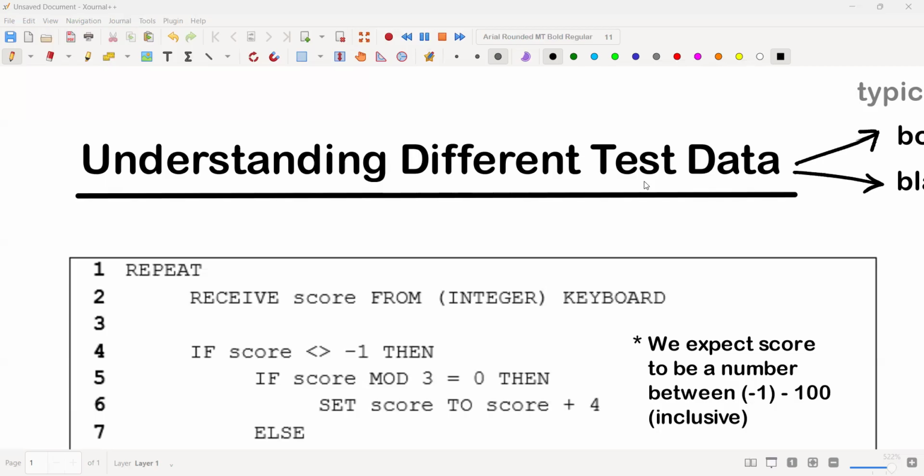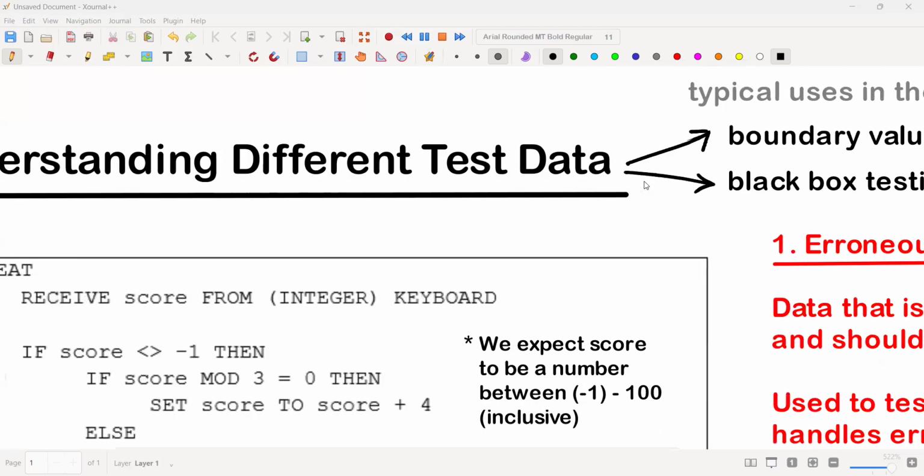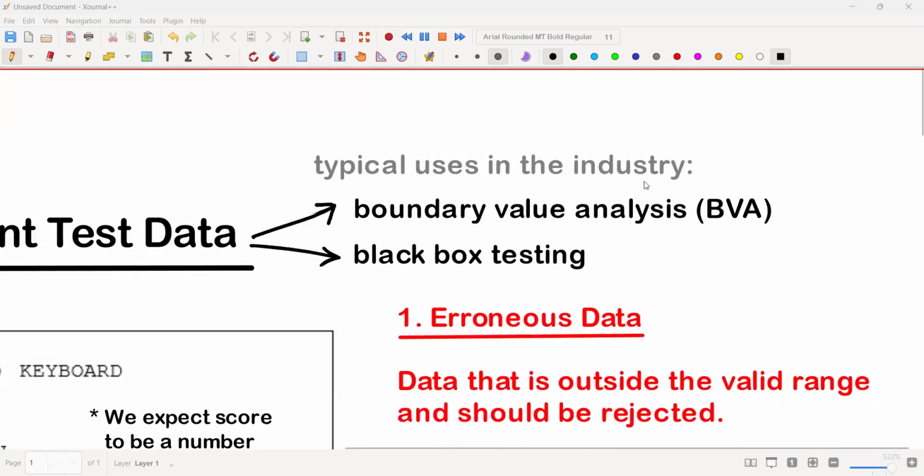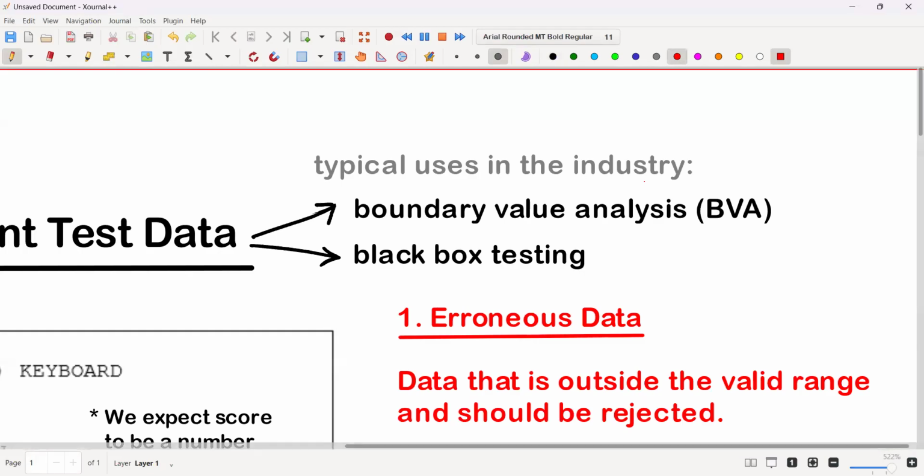But in essence, test data is the kind of example test cases or inputs that are passed into a program to see if the program functions the way you want it to. Now, looking at the typical use cases in the industry, test data is used in two major types of testing in the quality assurance sector of software engineering.